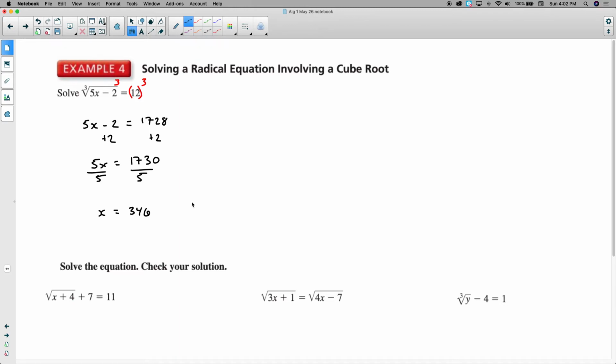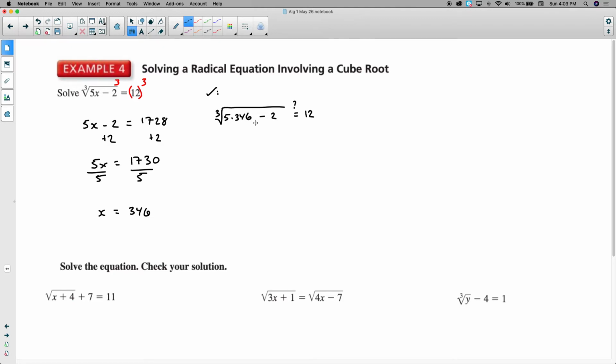Well, you know what? I think that's actually worth doing, just to remind you how to do the cubic root button on your calculator. Okay, so let's check this one by doing the cubic root of 5 times our answer minus 2, and does that equal 12? All right, so let's see.